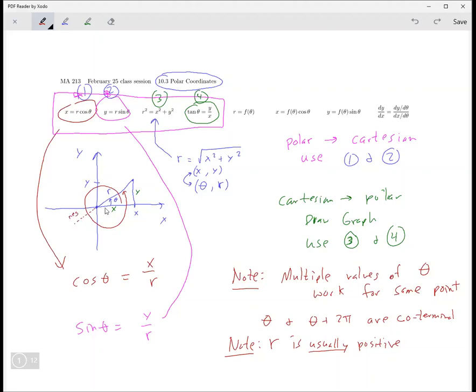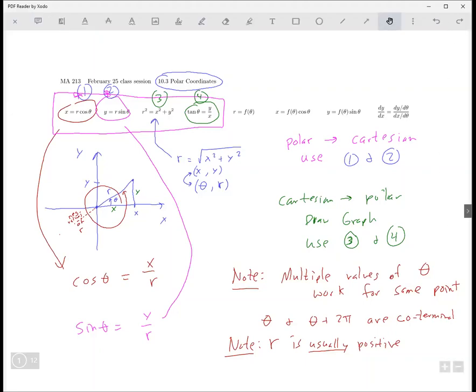Negative values of r go in the opposite direction. So maybe r equals 4, and then r equals -4 with this same value of theta would put you over here. On the other hand, if you had the angle coming onto there and negative values of r, it would shoot you out this way. Usually r is positive, but sometimes it can be negative, so just watch out for that.